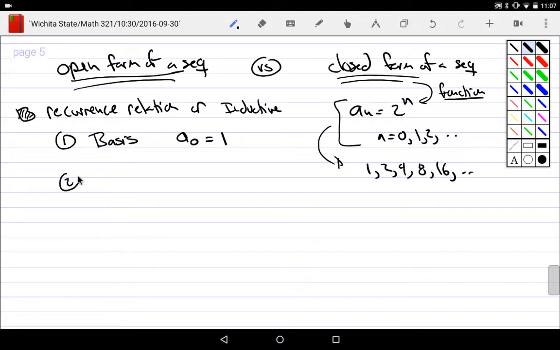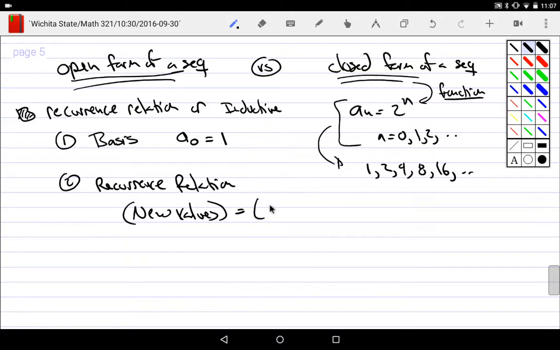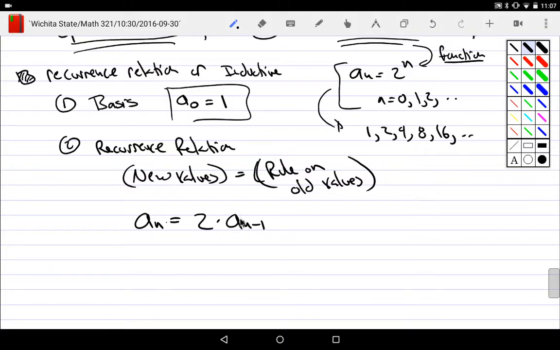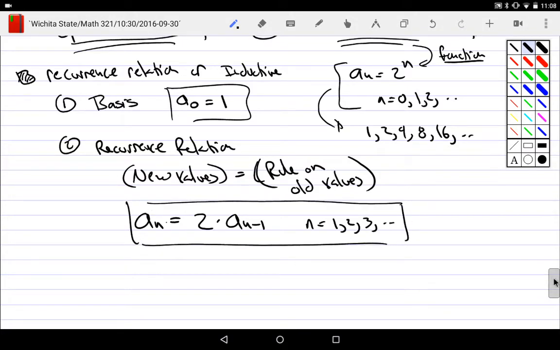The second thing we do is we have the recurrence relation. Now a recurrence relation is simply this: new values are equal to some rule on old values. So for this example, I could say that my new values, a sub n, are always going to be twice a sub n minus 1, which is my old value, when n starts at 1, 2, 3, etc. And so that would be my recurrence relation.